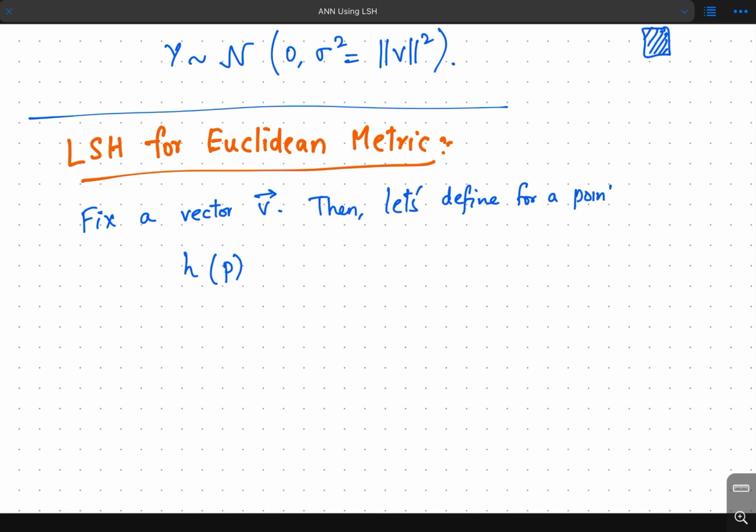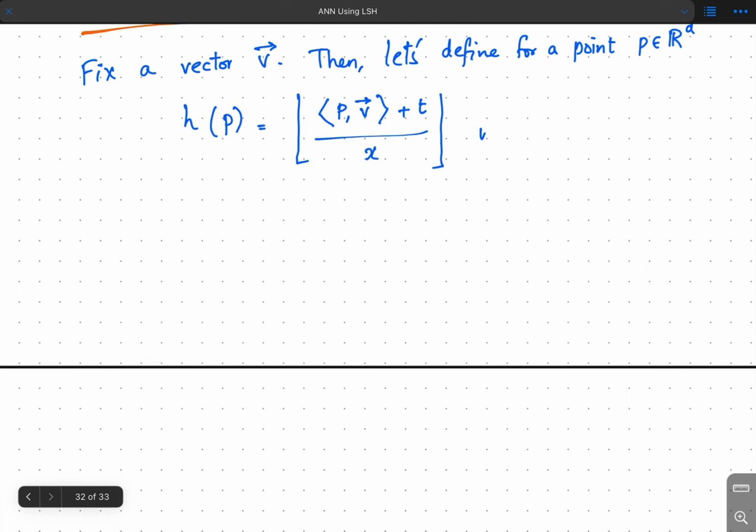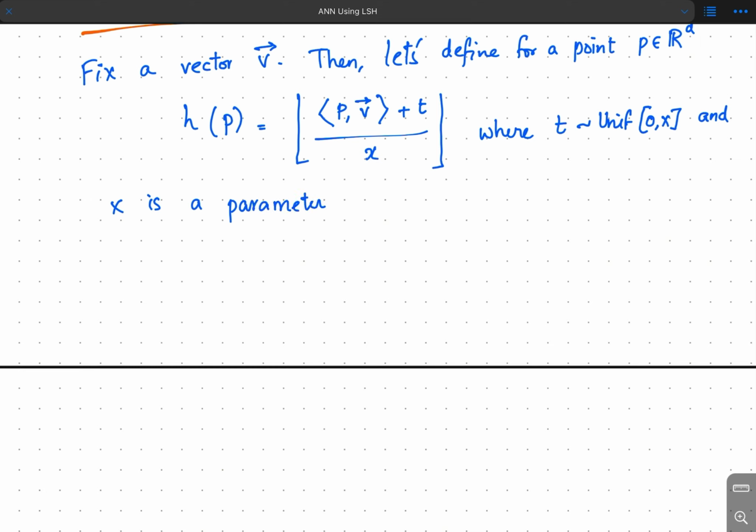For a point p in R to the power d, let's define h of p as follows, where t is sampled uniformly randomly from 0 to x, and x is a parameter which we will choose shortly.